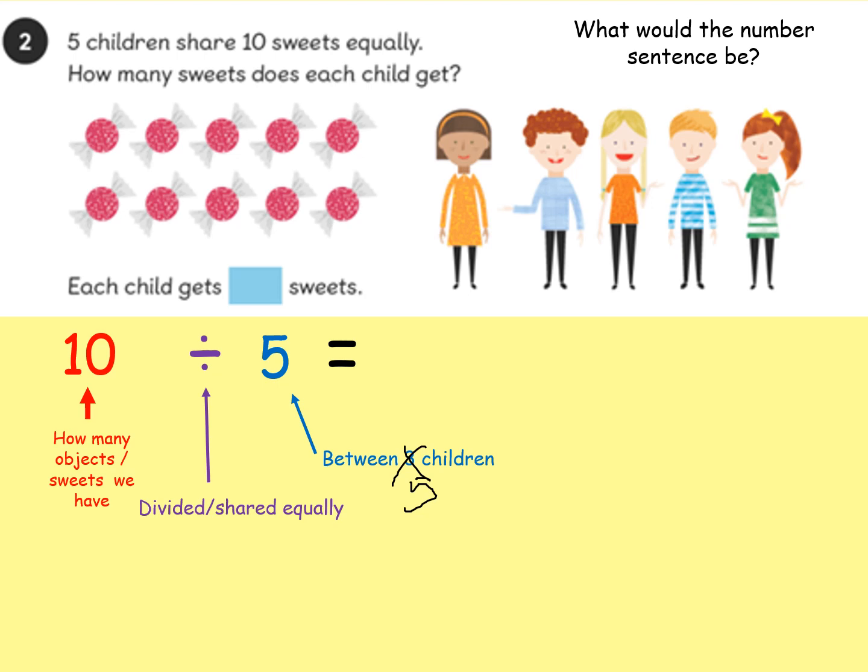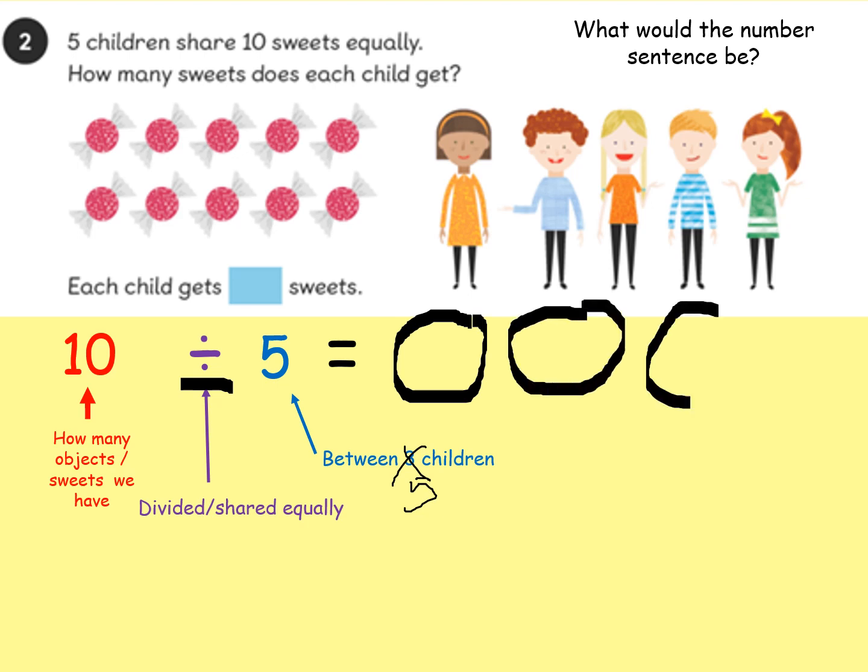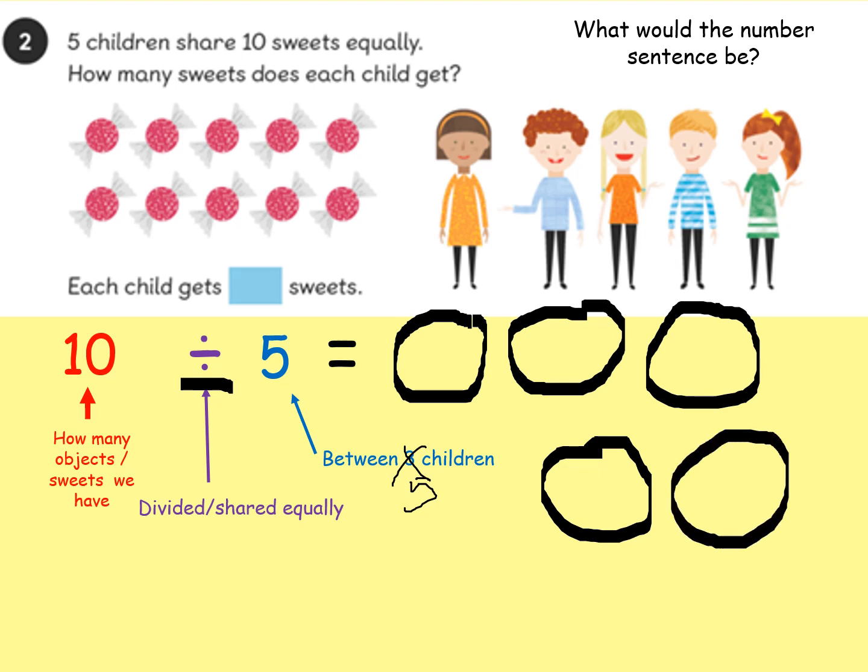All right, guys, did you give that a go? You ready to do it together? So I know I need 10 objects, and I'm sharing them, that's my share, between 5 children. So I'm going to draw my 5 children. There's 1 child, 2 children, 3 children, 4 children, 5 children. Okay, my 5 children. And I'm sharing out 10 sweets. So I need to count to 10.